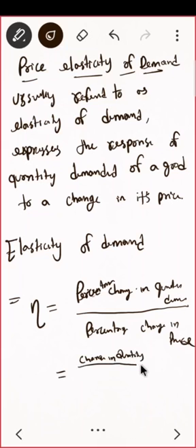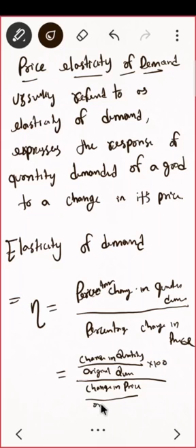upon, how do you calculate percentage? Upon original quantity multiplied by 100, and that divided by change in price upon original price, multiplied by 100, correct?